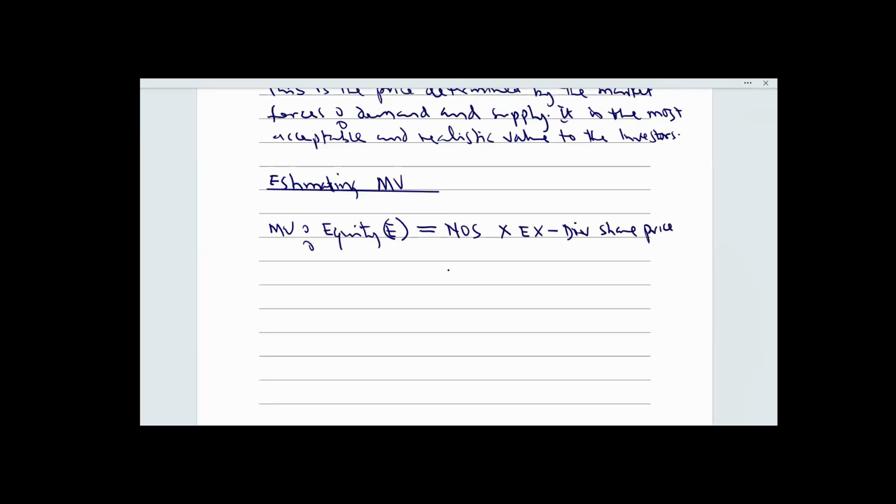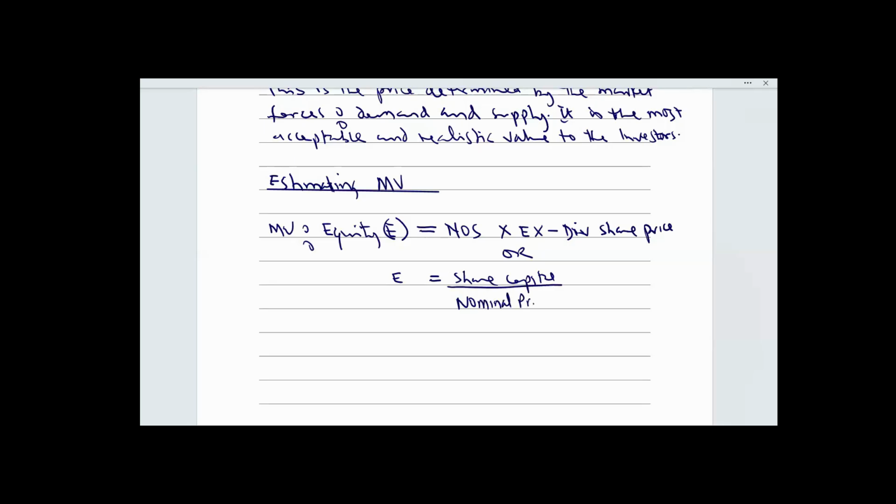Or you can say equity value equals, in case you are not given number of shares, then you have to use share capital divided by nominal price.